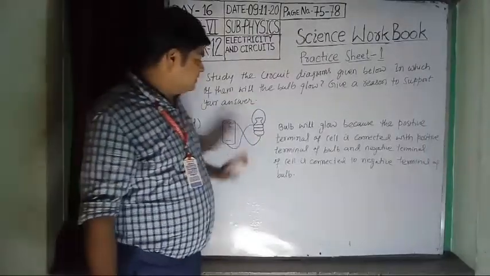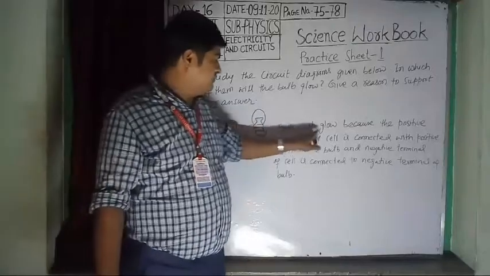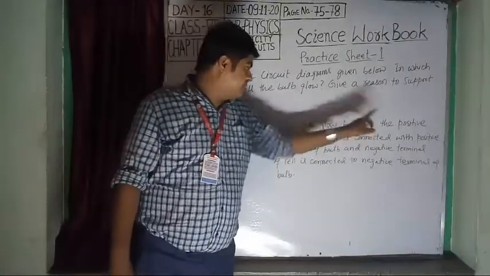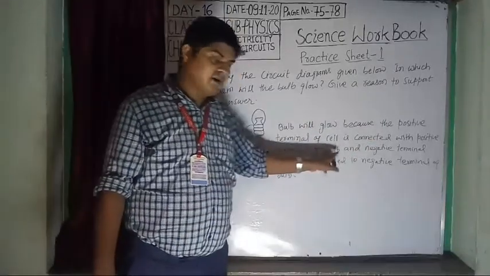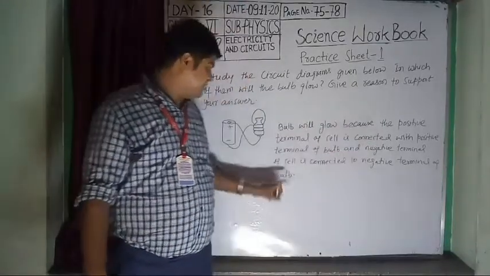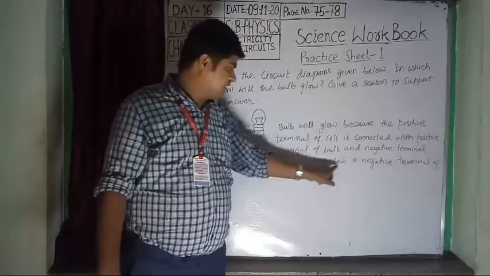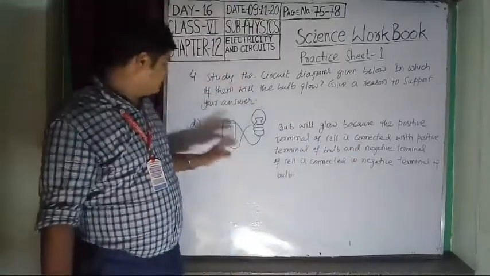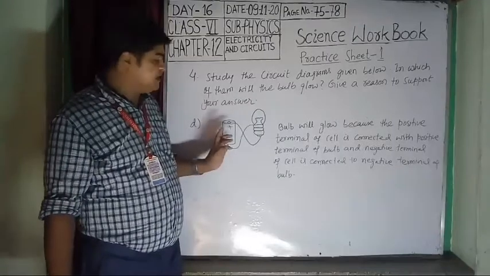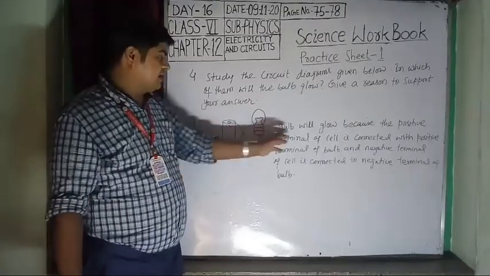So the bulb will glow, and the reason is that the positive terminal of the cell is connected to the positive terminal of the bulb and the negative terminal of the cell is connected to the negative terminal of the bulb. Students, you will do questions A, B, C by yourself and give the reason.